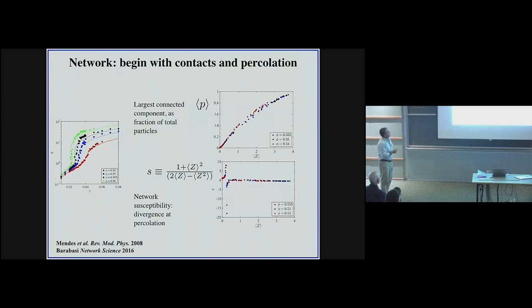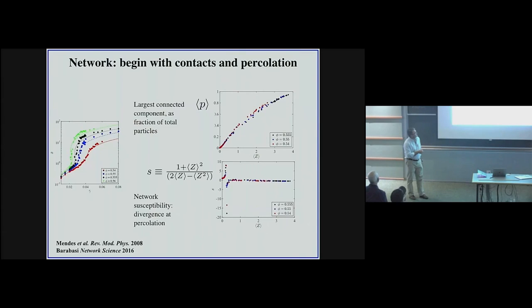So to address the network, I want to begin with contacts and the percolation of contact, because there was some idea that when I have a percolated contact network, I would suddenly get a change in the behavior. So here I'm plotting, and this is just keeping in mind what the rheology actually looks like, the largest connected cluster, or component as it's called in the network theory, stated as a fraction of the total particles in the simulation box.